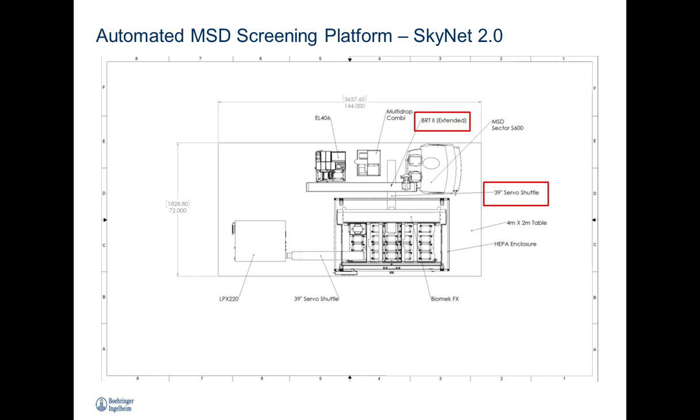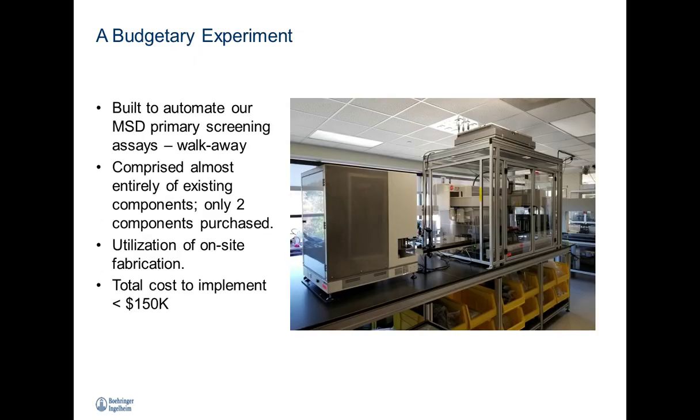The only pieces of equipment for this layout that we had to purchase specifically for this are the ones that are highlighted in red. It is the BERT2 and the rear servo shuttle. So this was a bit of a budgetary experiment from our side of things.